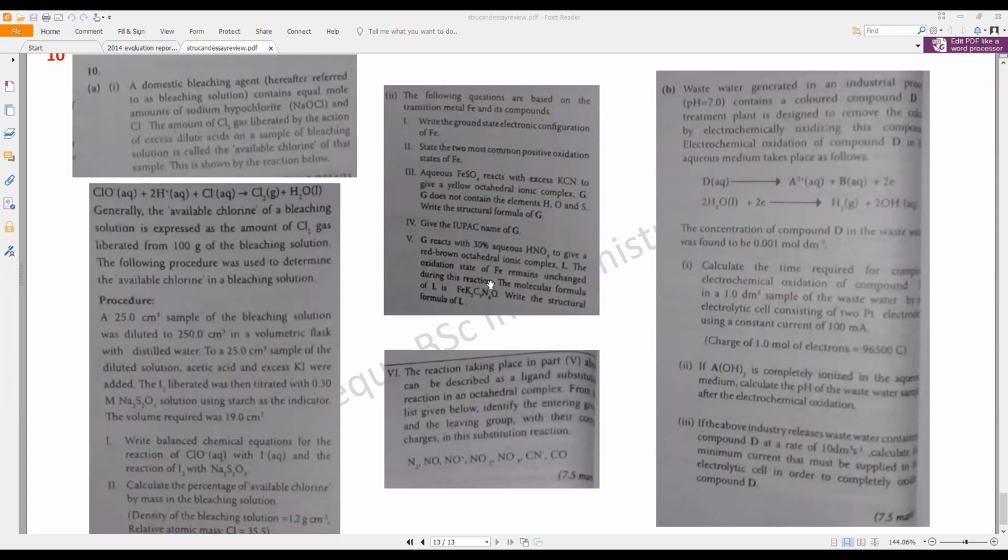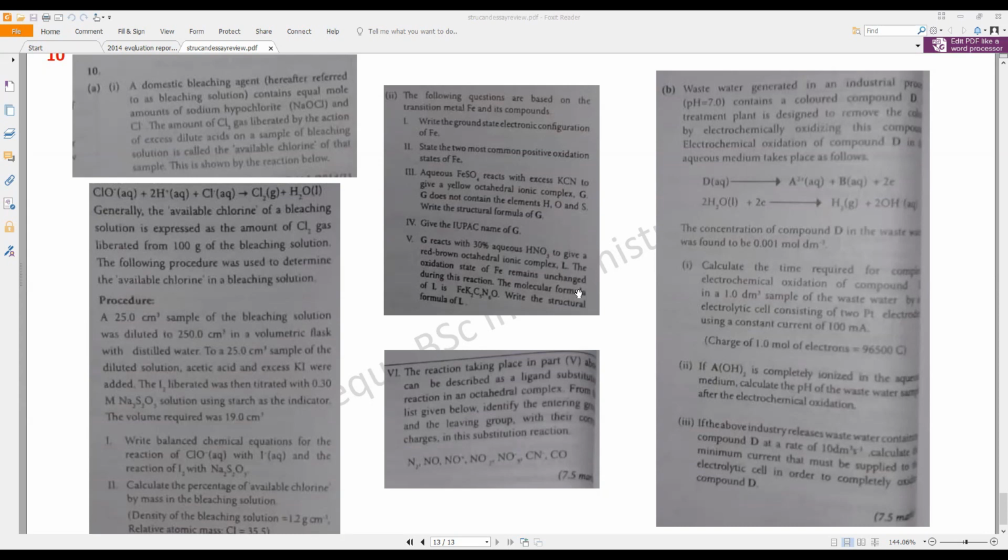And the oxidation state of Fe remains unchanged. So this is a crucial point. Because normally when you have this iron 2+, and you add HNO3, iron will be oxidized to Fe3+.